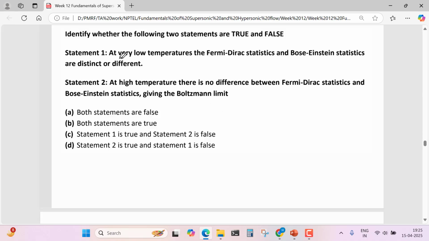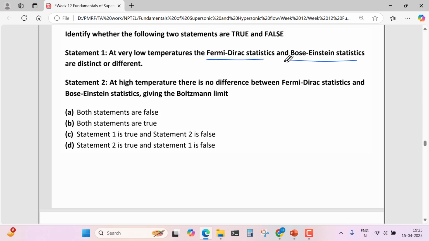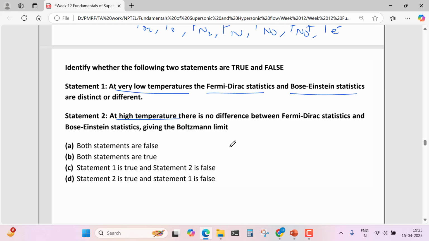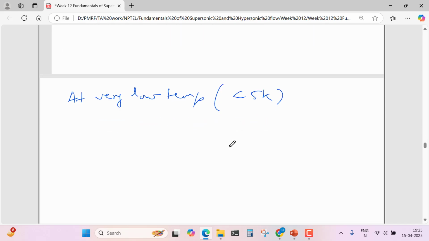So we have to tell whether there is a difference between Fermi-Dirac and Bose-Einstein statistics at very low temperature and at very high temperature. At very low temperature, less than 5 Kelvin, most of the molecular system will be in the ground state.